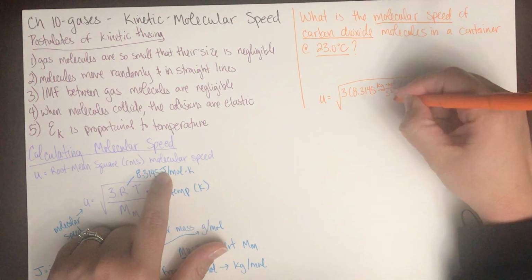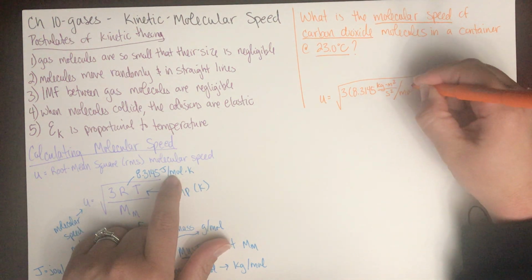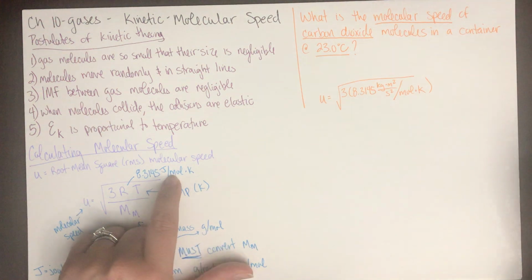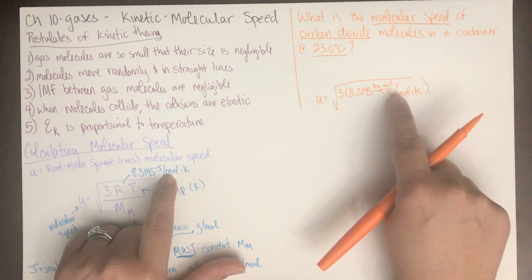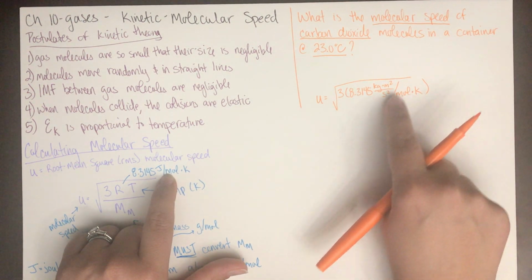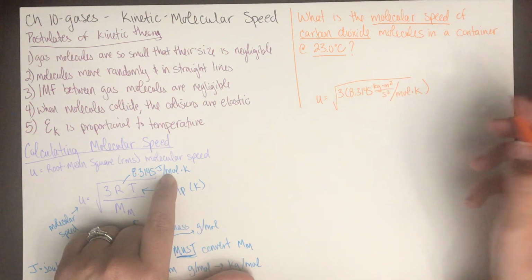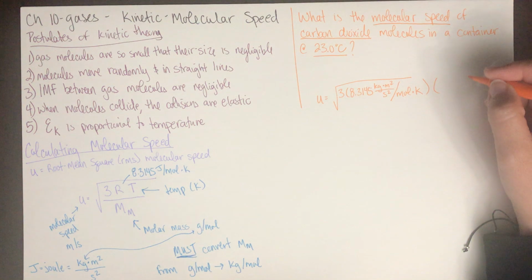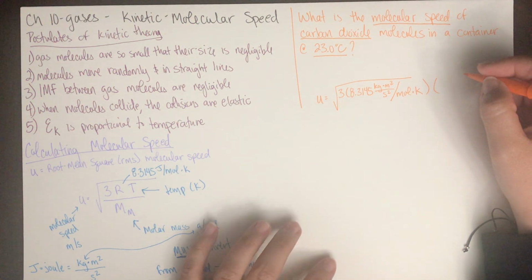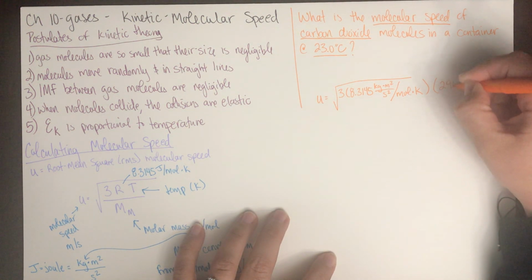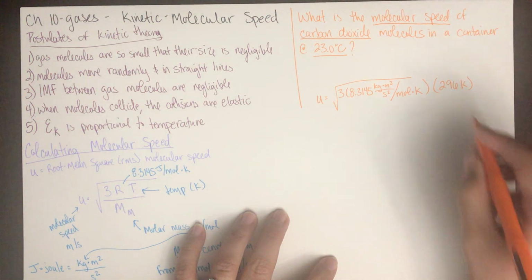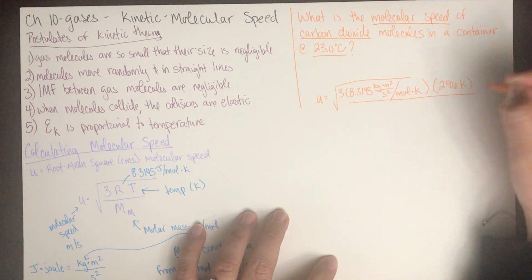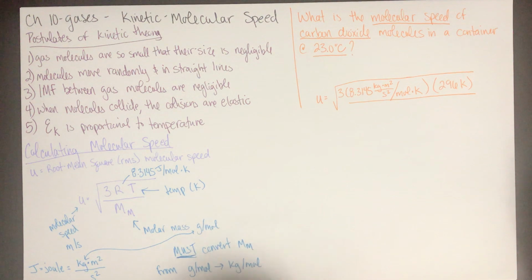That's a joule, over moles times Kelvin. You don't have to do this. I just want you to see what's happening with these units. And then times temperature, T. So 23 degrees Celsius plus 273 is going to be 296 Kelvin. So that's the top, divided by the molar mass.